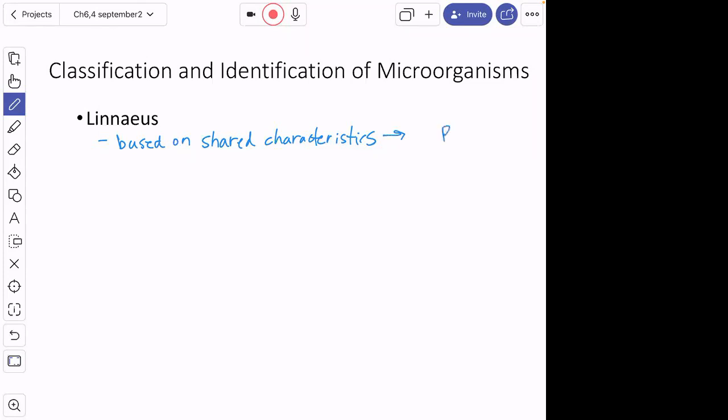kingdom, phylum, class, order, family, genus, and species.